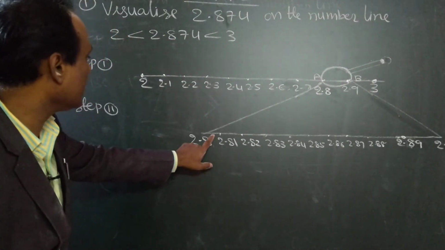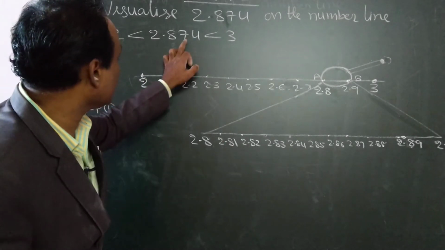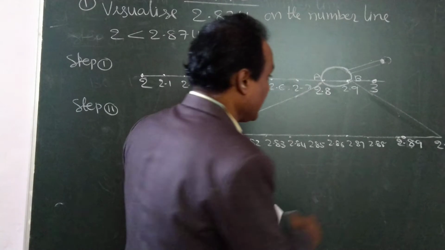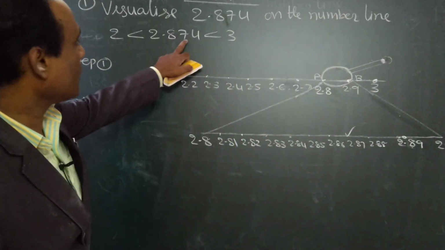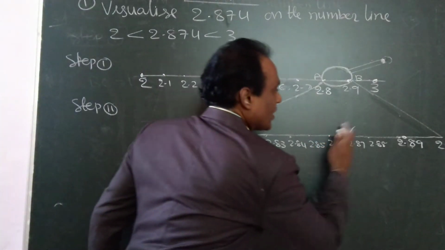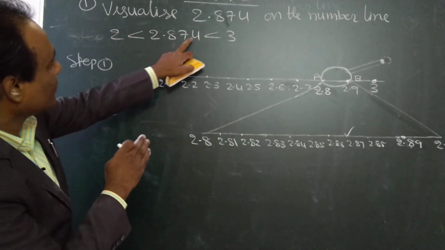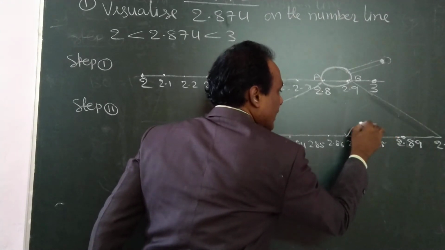Will it lie here, at 2.87? See, 2.87 means here. Where will it lie? It will be from 2.87 and it is less than 2.88. It is not 88, it is less than that. So in this range it will lie.